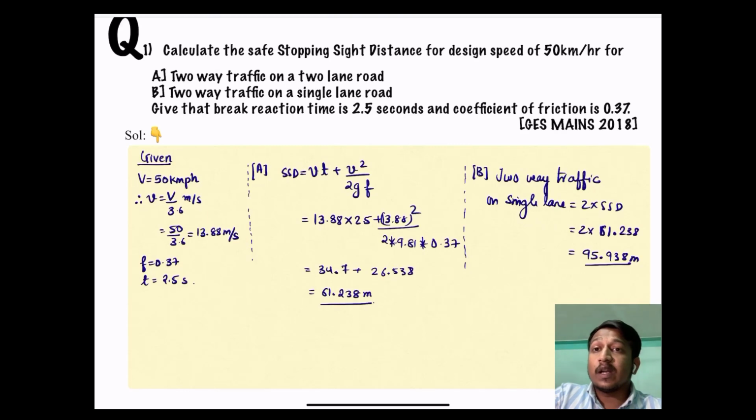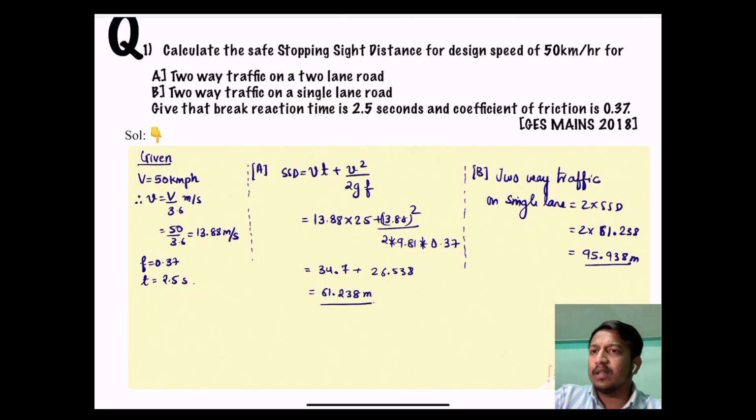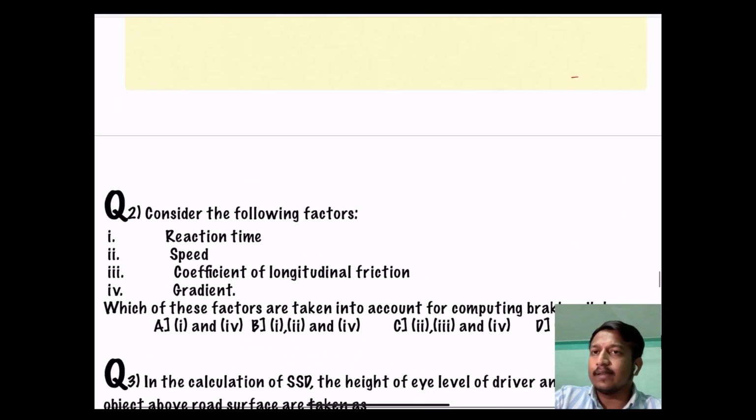This was a 5 marks question in Gujarat Engineering Services, a very simple question in GES mains. This type of question is simple, but you just need to have the concepts of SSD.